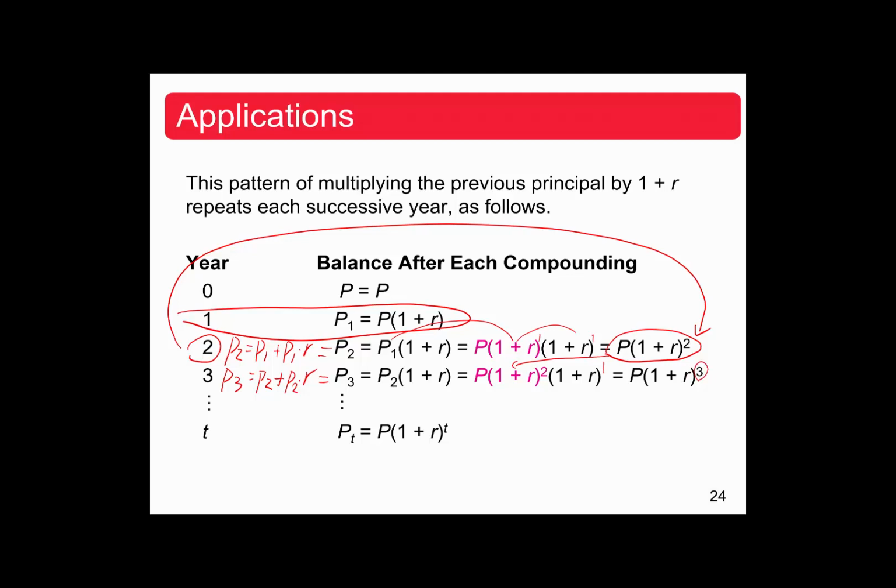Okay, so year 3, power to the 3. So similarly, if you generalize this to t years, then the balance after t years should be principal times 1 plus r raised to the t power. And t here represents time in years. Okay. And that's how ancient mathematicians derived the interest formula back in 2,000 years ago.